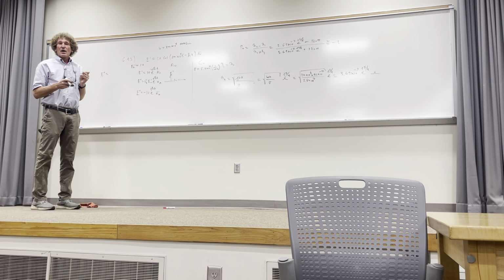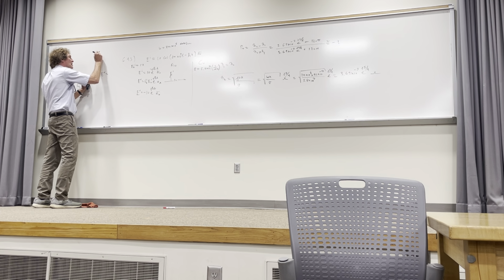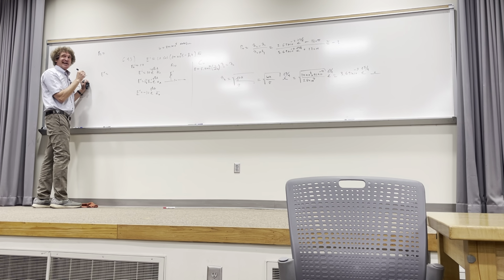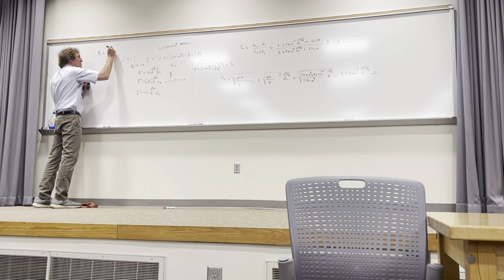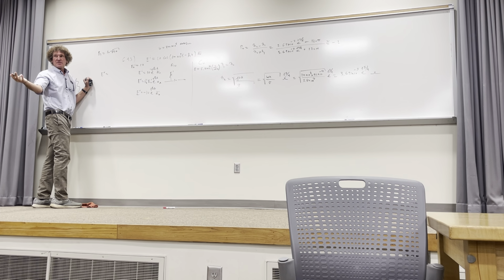Now, next thing I want to ask is, how do I get beta 1? Well, what is beta in air? Isn't it omega times square root of mu epsilon, right? And what's the square root of mu naught epsilon naught? It is 1 over c, isn't it, class?